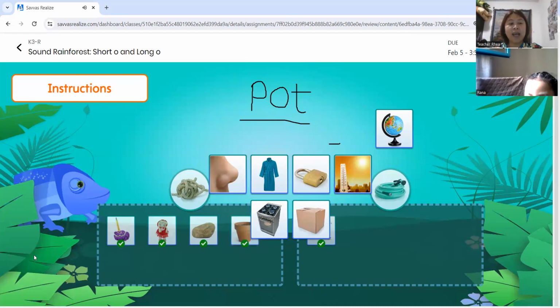Because the sound is a short O. How about this picture? What is it? It's a globe. Yes, globe.